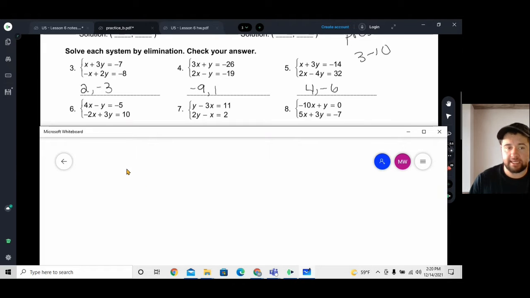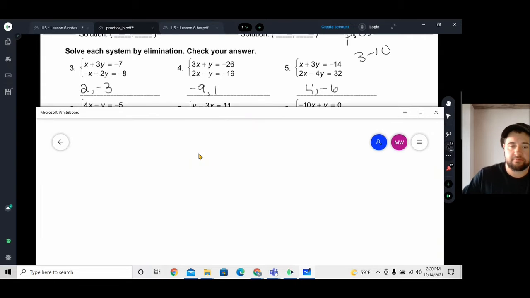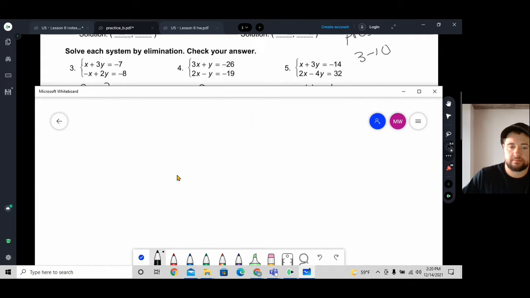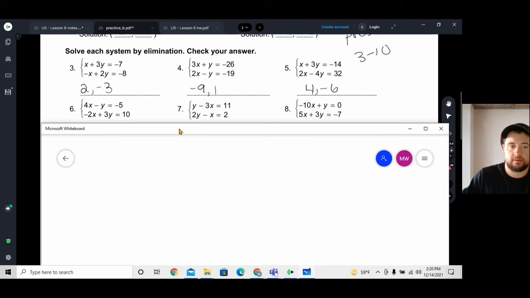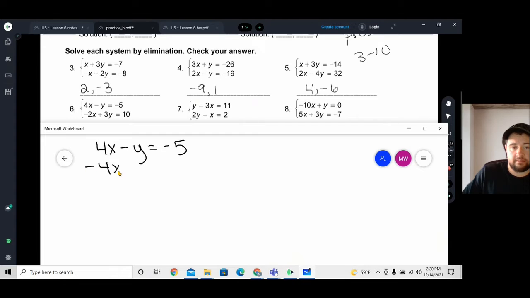I'm going to choose to get rid of my x's, so that's going to leave me with this, 4x minus y equals negative 5, and negative 4x plus 6y equals 20.